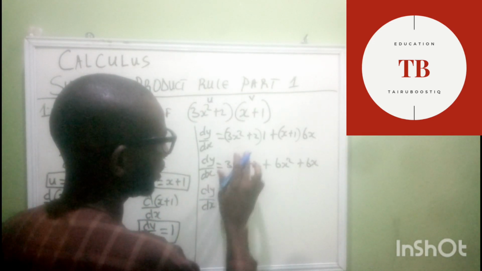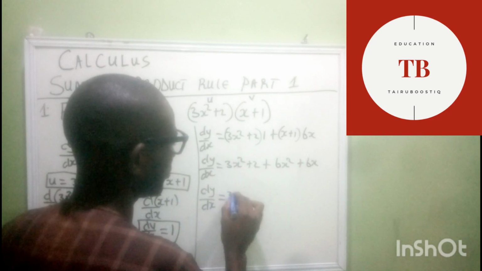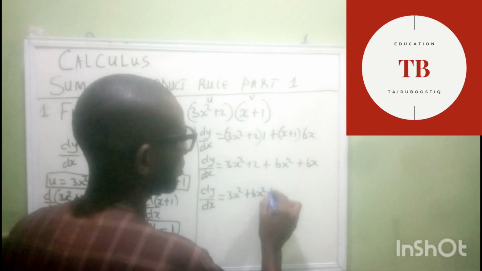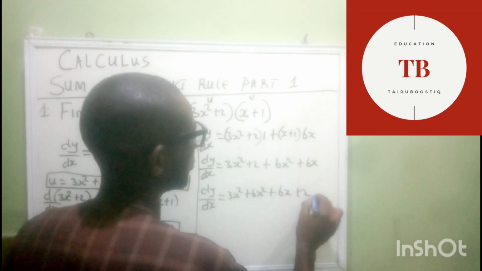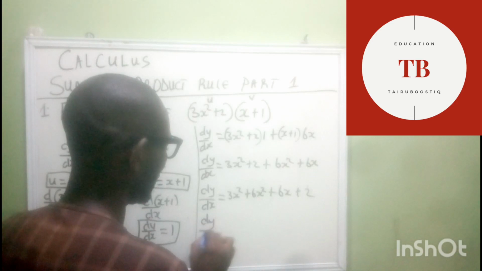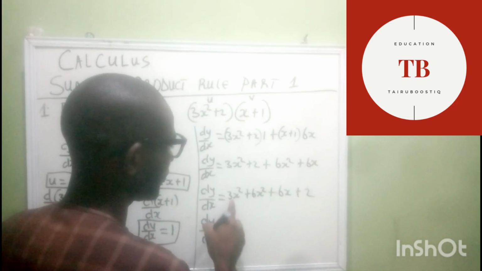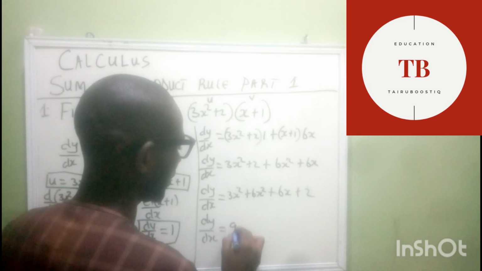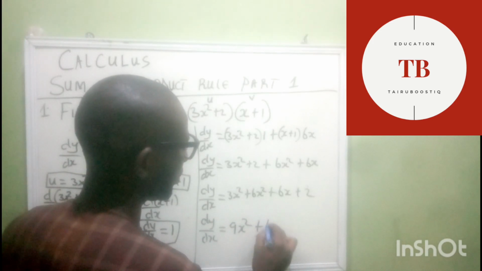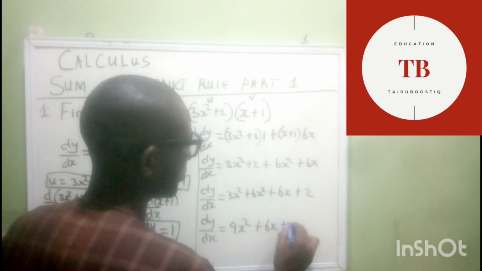We have 3x squared and 6x squared, so we now have 3x squared plus 6x squared plus 6x plus 2. 3 plus 6 will give us 9, so 9x squared, then plus 6x plus 2.